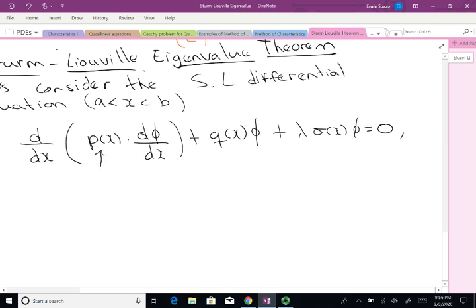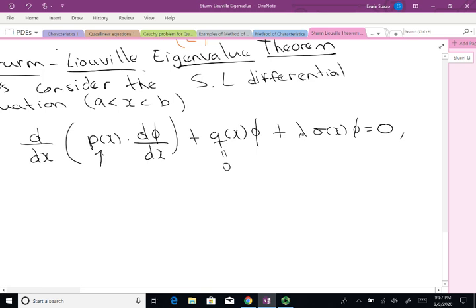For our case, p was constant, p was 1. So if p is 1 times d phi dx, you get the second derivative with respect to x, right? Our phi was capital X of x. So that's why I say this is the simplest case. And q was 0 in our case.